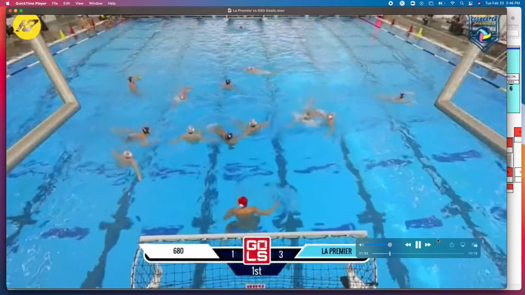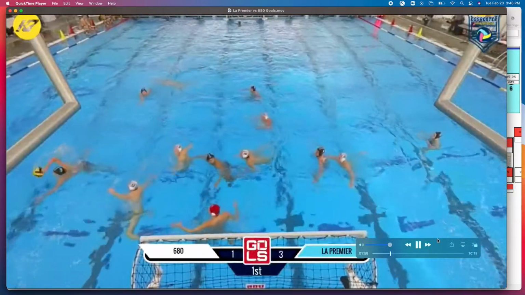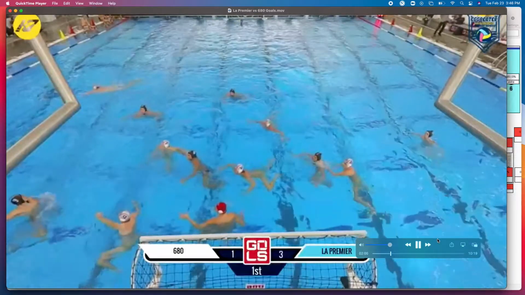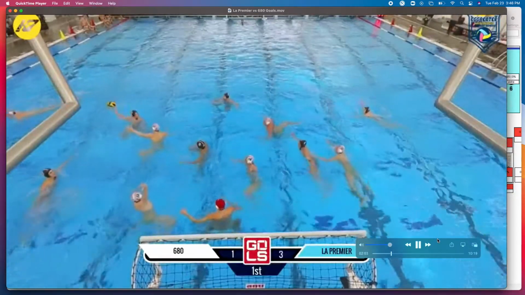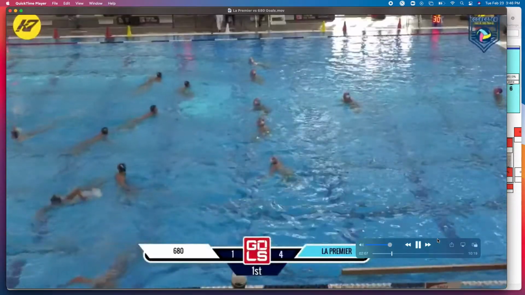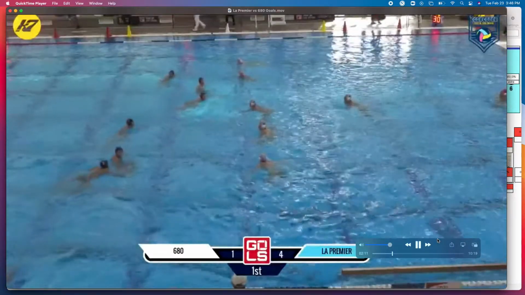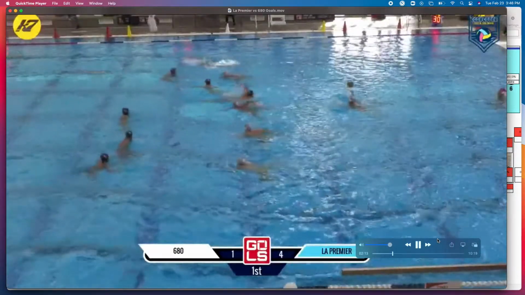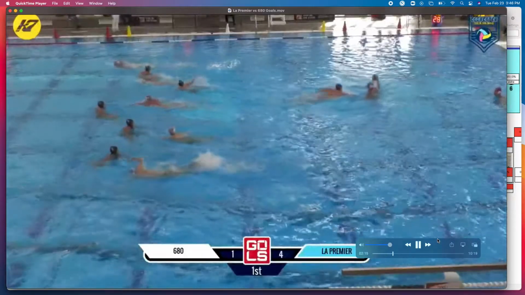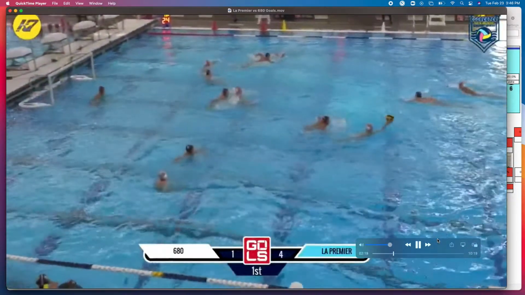Exclusion, number 11 in transition, Benjamin Libby goes to the box. 6 on 5 opportunity here for LA Premier. Shot there by number 9. Number 4, Timothy Kerr restarts. Back into Grant Watson.